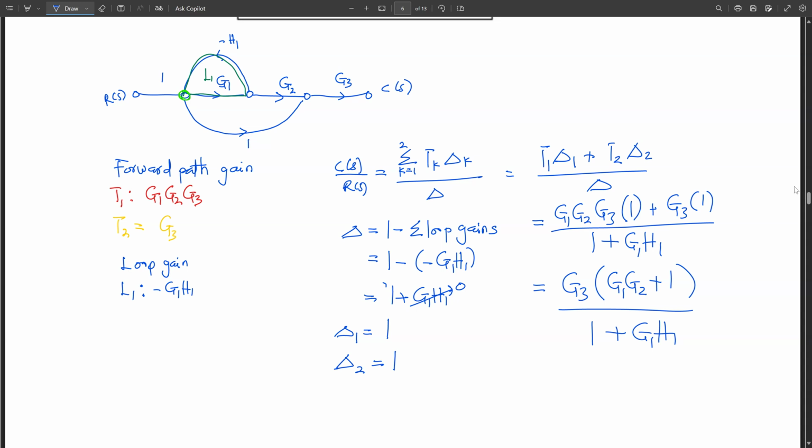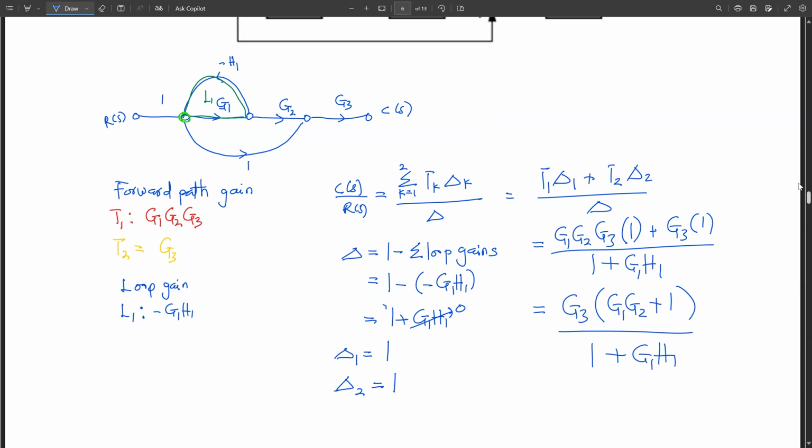Okay. Now the second question that I like to solve is this. Let's move on to a less complex one.